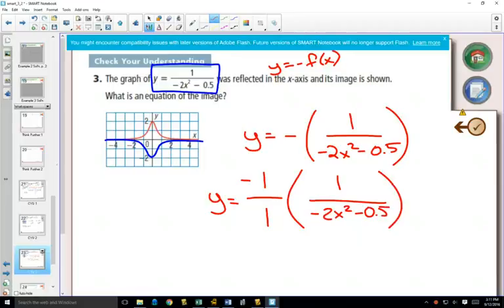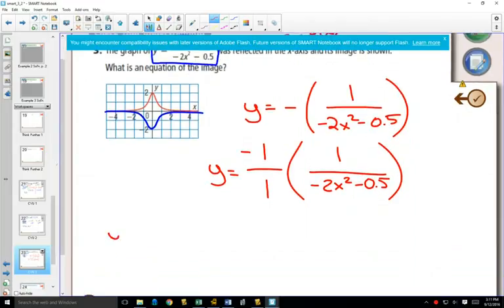So let's say you decided to make the fraction out in front a negative 1 and put that negative on the top. Then when you multiply this through, you're going to get negative 1 over negative 2x squared minus 0.5. And that would be right.